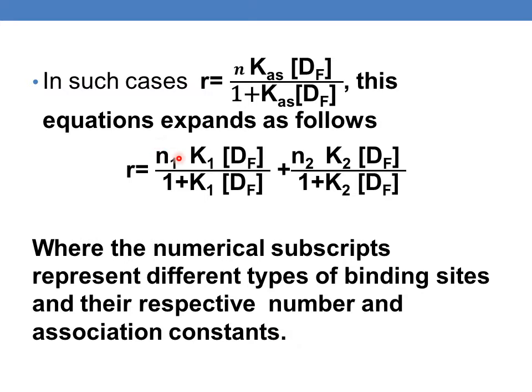N1 is the number of binding sites of site 1 and K1 is its association constant, whereas N2 is the number of binding sites of site 2 and K2 is its association constant.